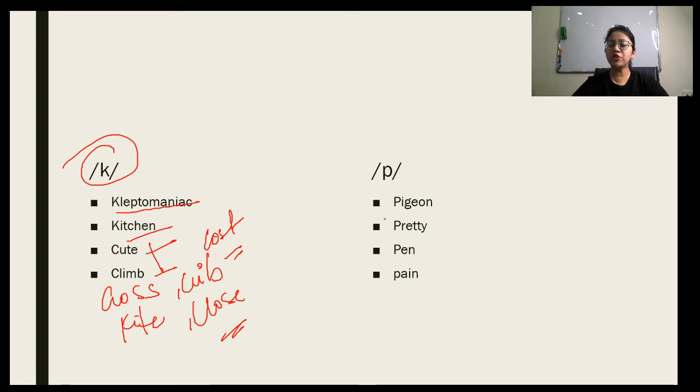So we've got pigeon, pretty, pa, pa. So it's not heavy on your tongue. So it's important to understand. It's pigeon, pa. So your lips go just like ba. It goes pa. So the sounds are definitely different, but the mouth movement is almost the same, with pa being a little lighter on your lips.